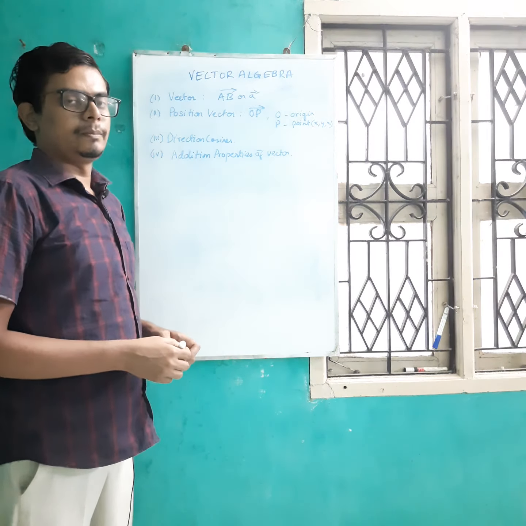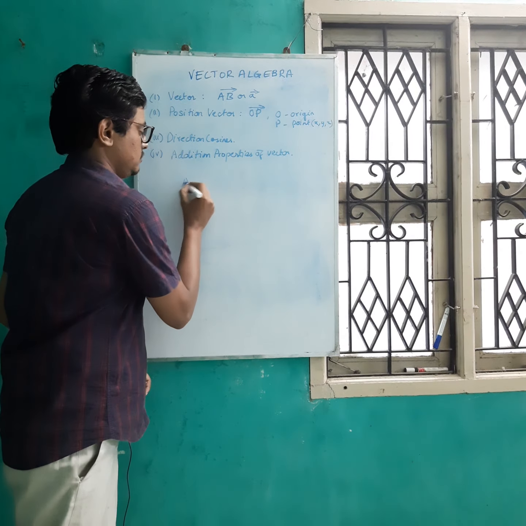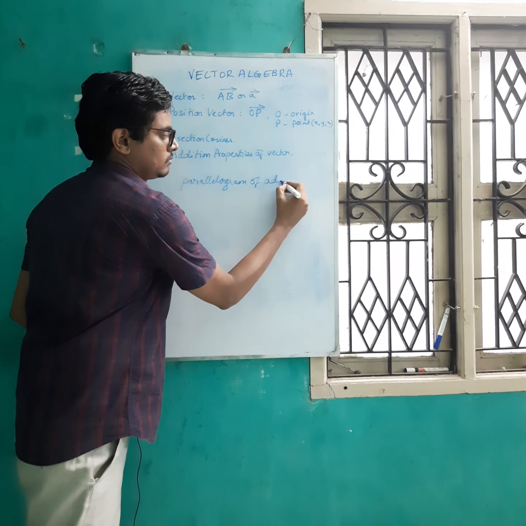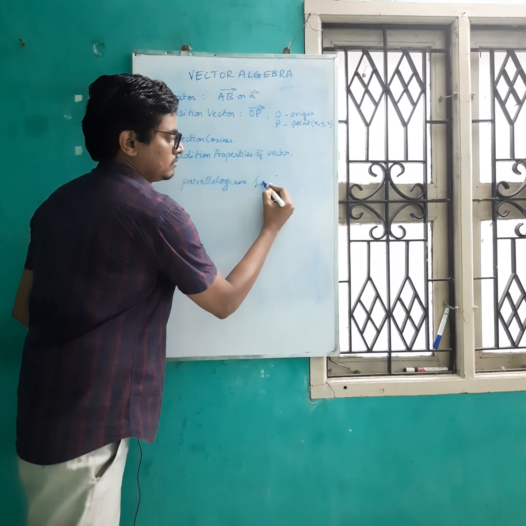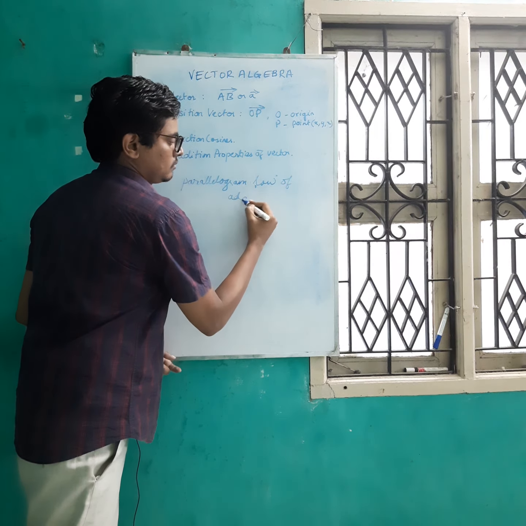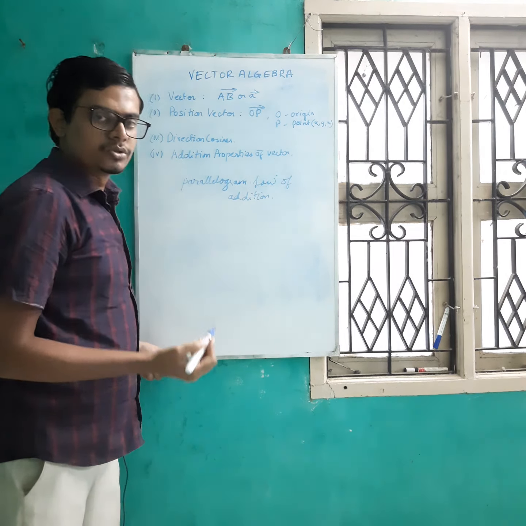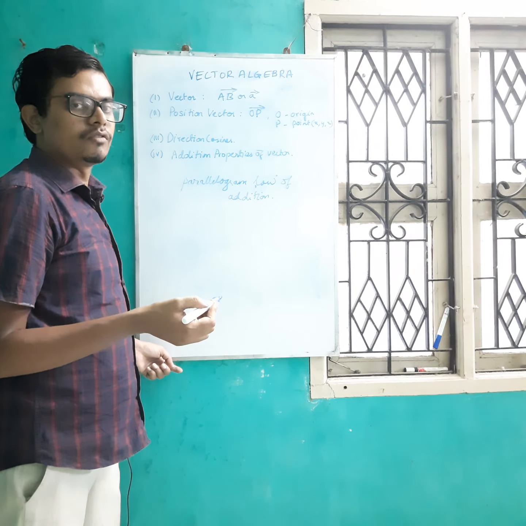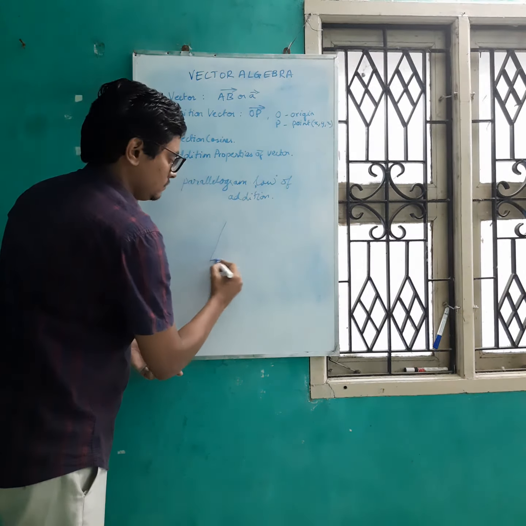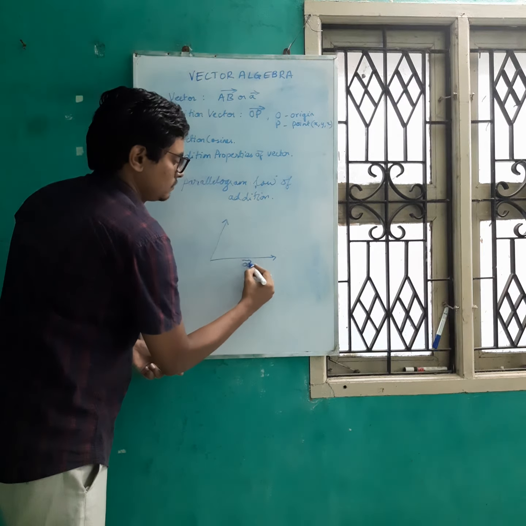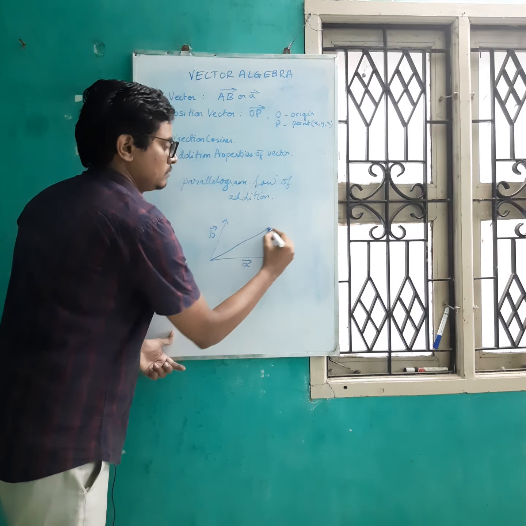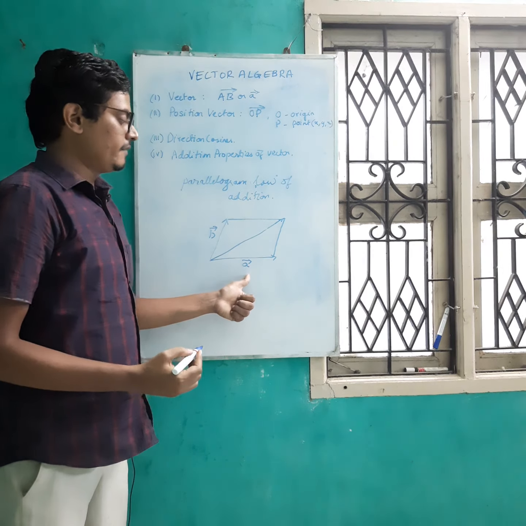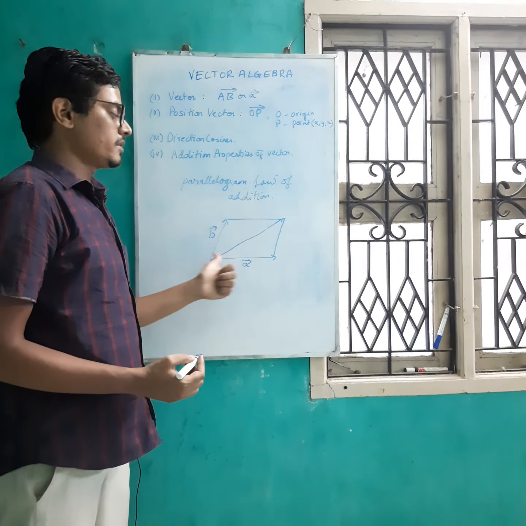Next is parallelogram law of addition. Suppose two vectors A vector and B vector represent two adjacent sides of a parallelogram.